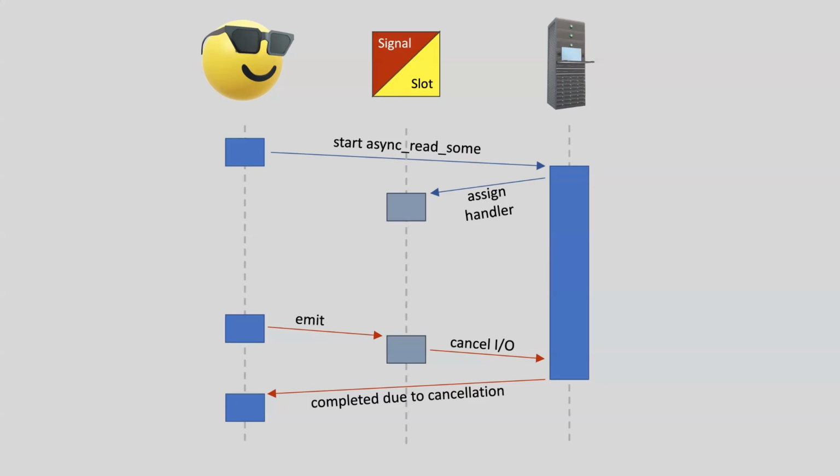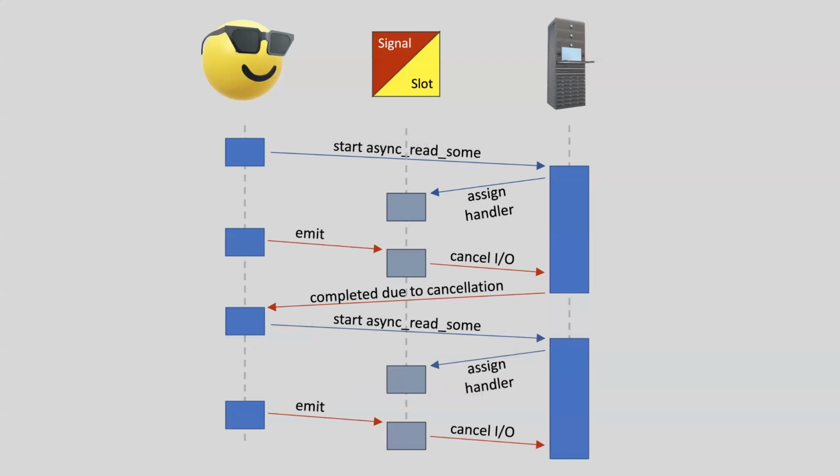The important thing about the slot, though, is that it can only be used with one operation at a time. It's not to be shared with any other operation. But what you can do is recycle the slot and use it for a subsequent operation. And this is actually what you would be doing if you were using, say, coroutines to compose your asynchronous operations. Your coroutine will have the one slot that gets recycled for each operation that it runs.